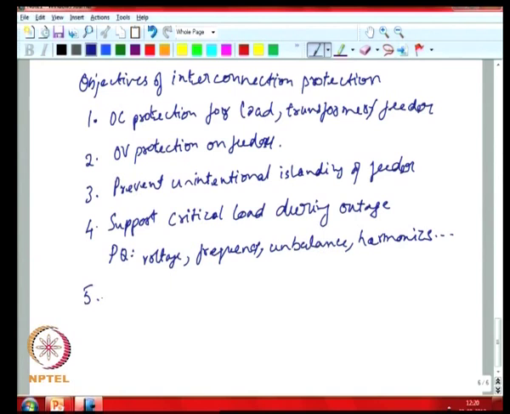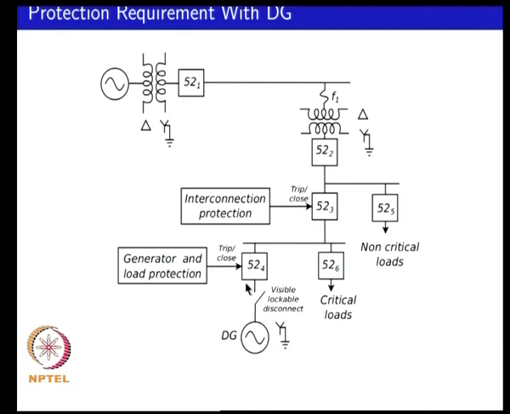You can also use the interconnection breaker for resynchronization. For example, if there is an outage on the grid and your 52.3 has opened and your DG is now providing power to your critical load, and now the grid has come back, you want to see when your grid voltage and the critical bus voltage match in amplitude, frequency and phase.